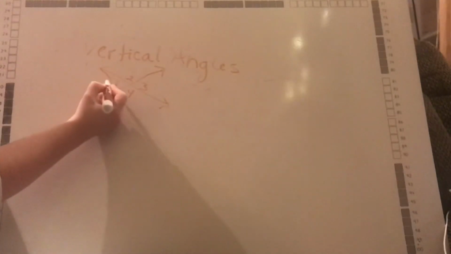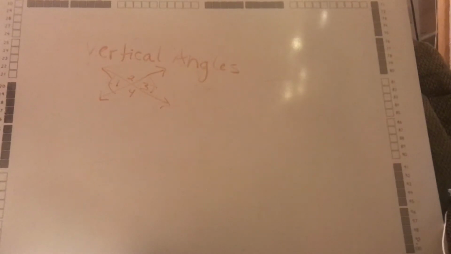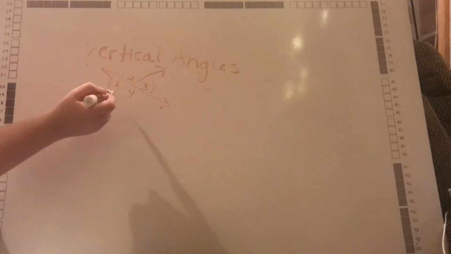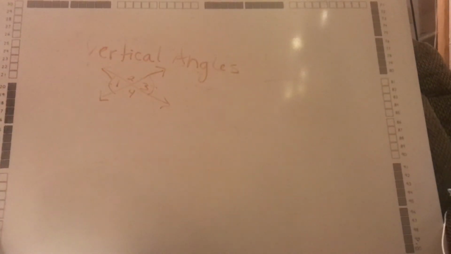They also are congruent. Okay? So vertical angles, like opposite of each other, and they are congruent, meaning they have the same measure.